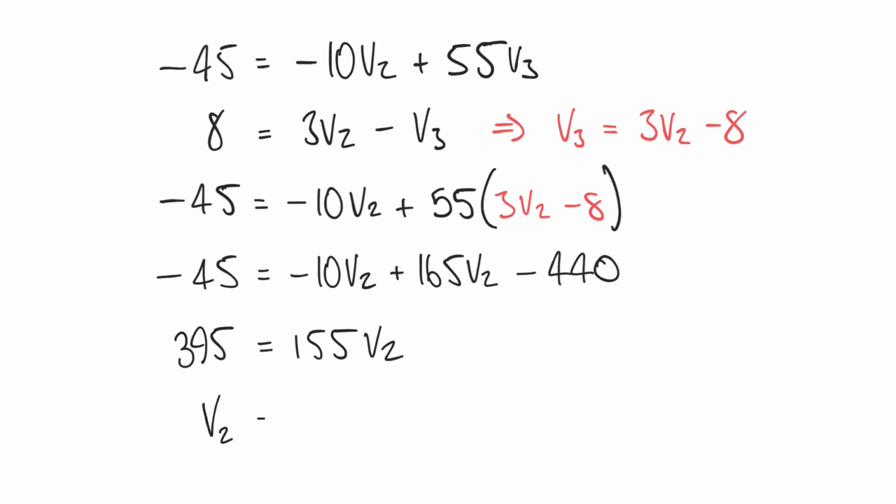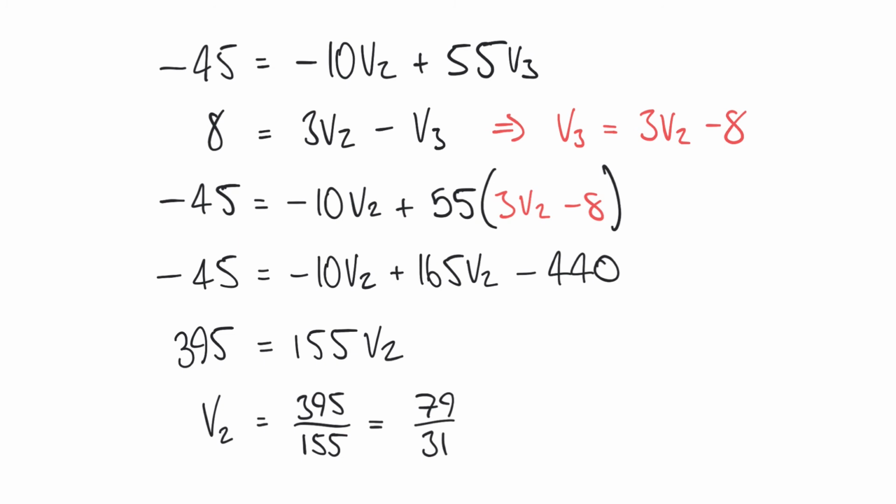And that rearranges to say that V2 is equal to 395 divided by 155, or 79 over 31 in its lowest terms. And again, we'll leave that as a rational number rather than round it, because we're going to use this value in just a second.